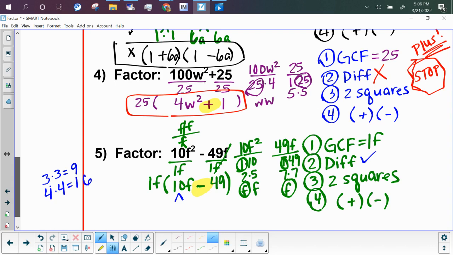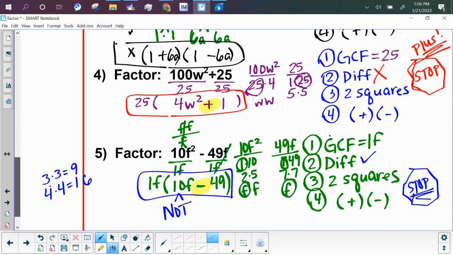So that's not a perfect square. So guess what? Stop. There's nothing we can do for this. If we can't have two perfect squares, we can't do this problem. That's the final answer. A dead giveaway here is that F had no exponent. It is not a perfect square if there's not an exponent on it.